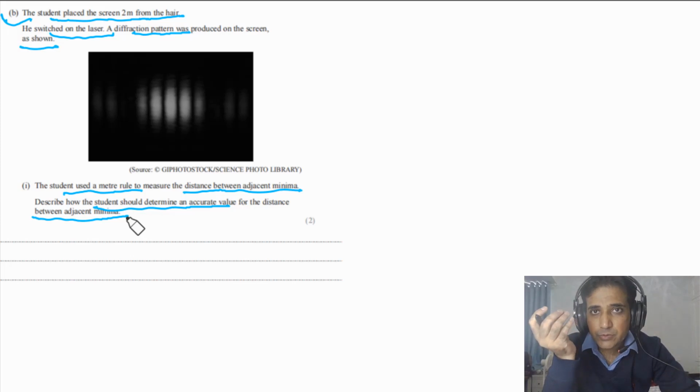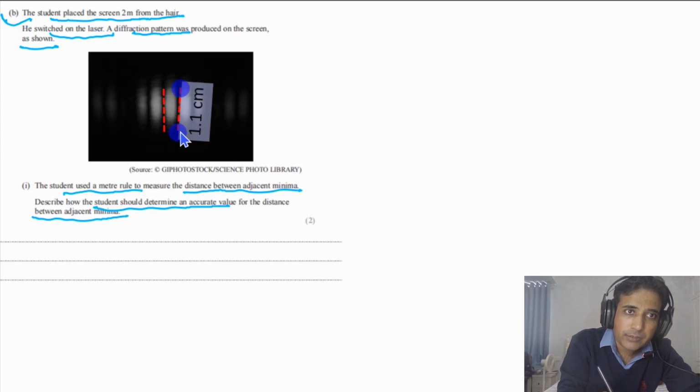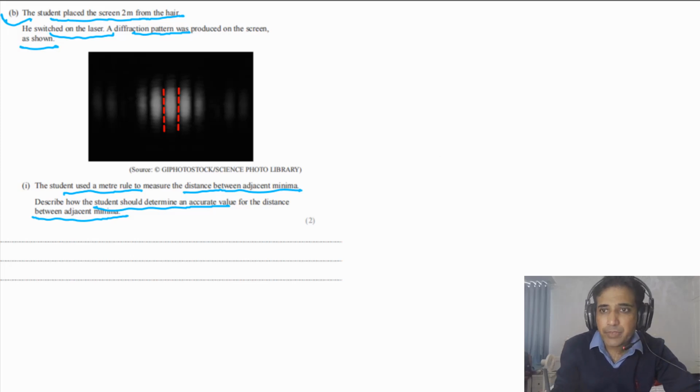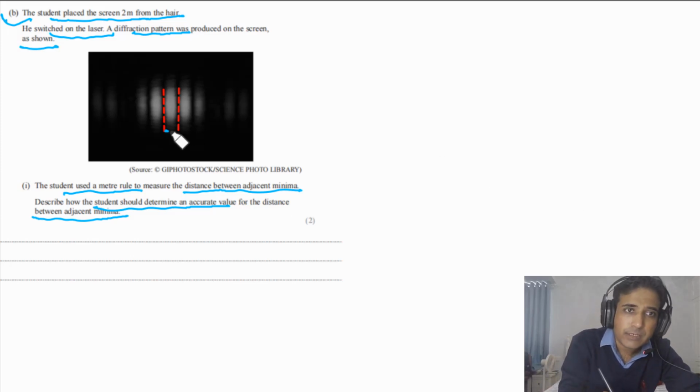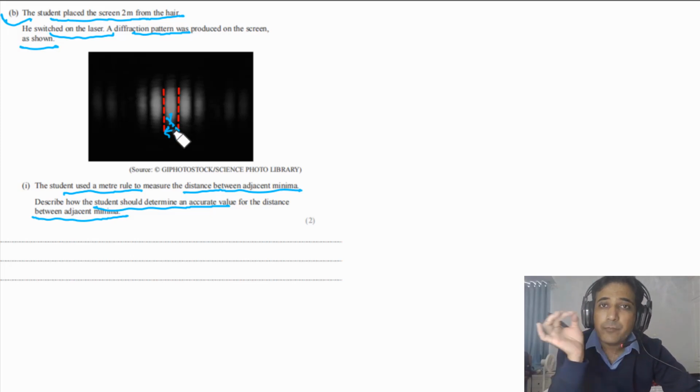We can answer this question in different ways. One possible way is we can draw the line here. So this is the center of a minimum and the next minimum we have here, so we can draw another line here. This is the center of the next adjacent minimum and we can find the distance x between them. Let's say this one is x, and we can repeat this for many adjacent minima and finally calculate the average value.